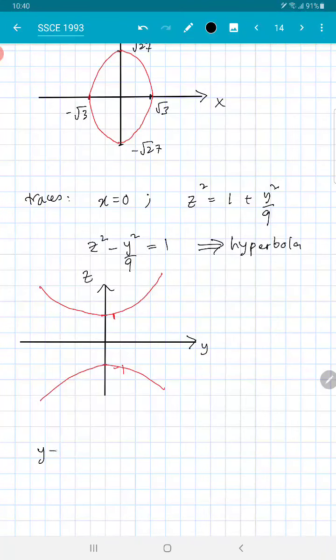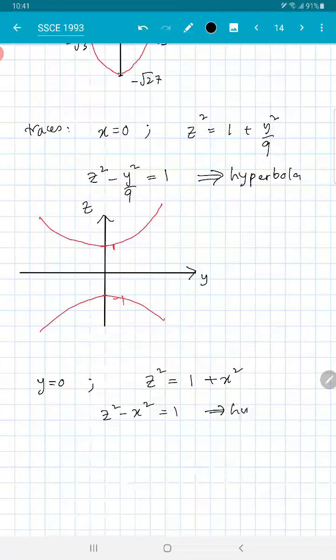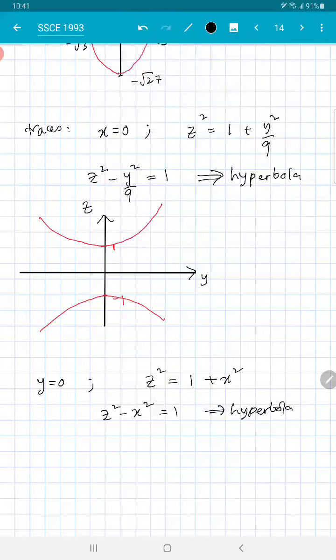Let's pick y equals 0. So when y is 0, the equation is z squared equals 1 plus x squared. Rewriting the equation so that we can sketch the equation easily. Again, this is a hyperbola. When we sketch this, we need the x and the z axis now.